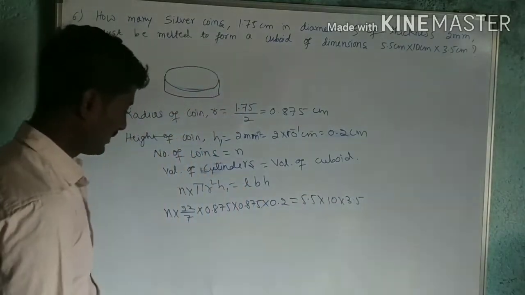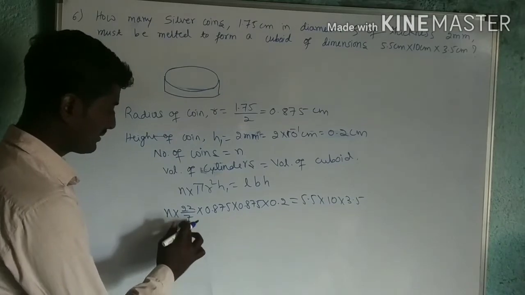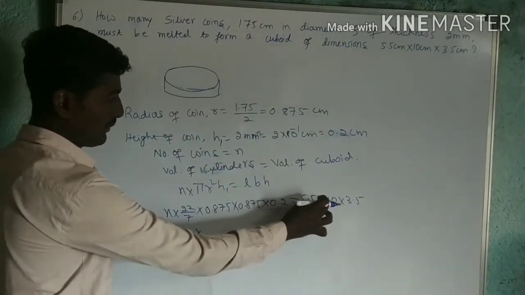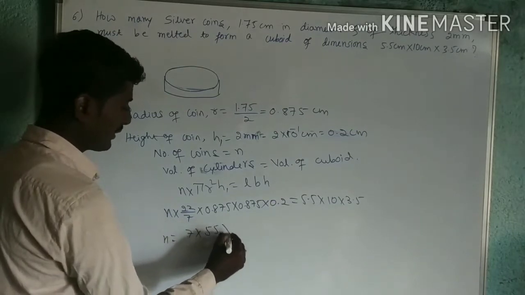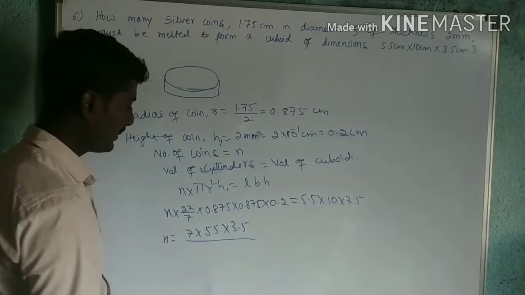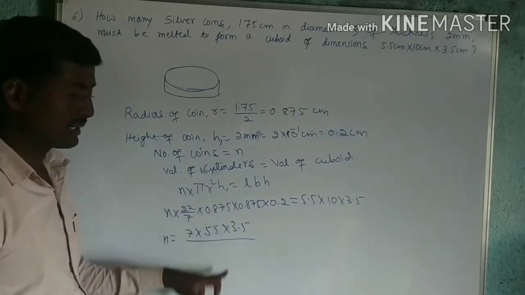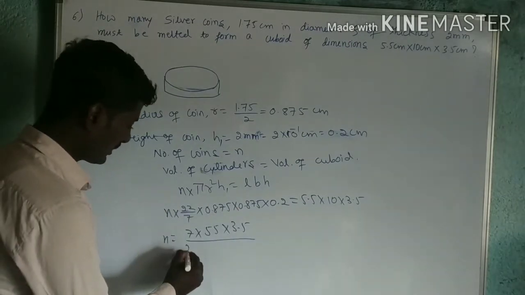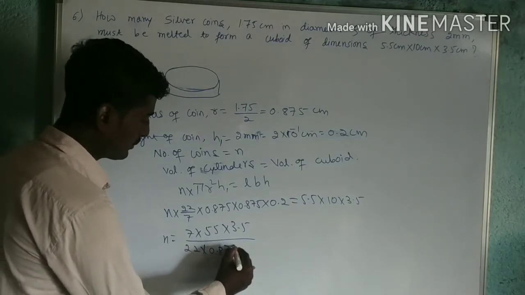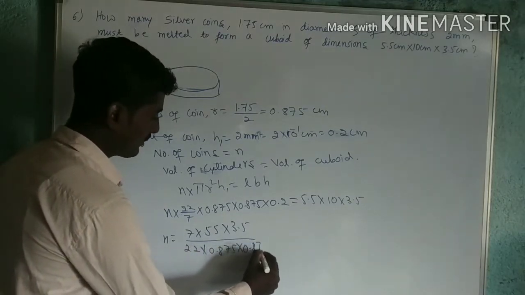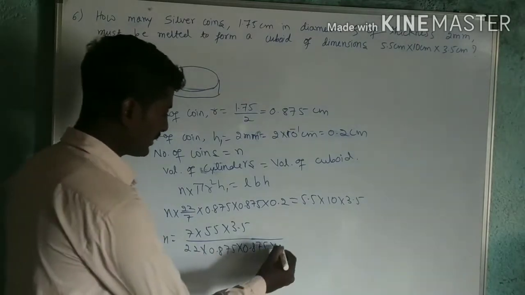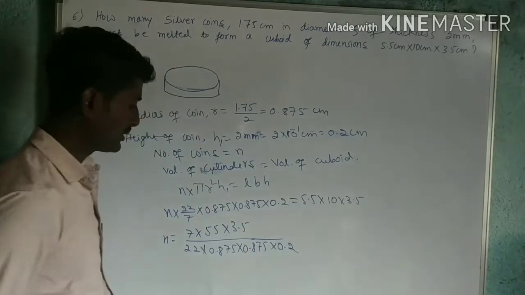Now n is equal to, by cross multiplication, 7 into 5.5 into 10, I'll write it as 55, into 3.5, divided by, now this comes to the denominator, 22 into 0.875 into 0.2.